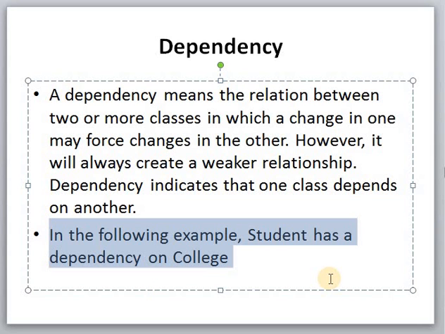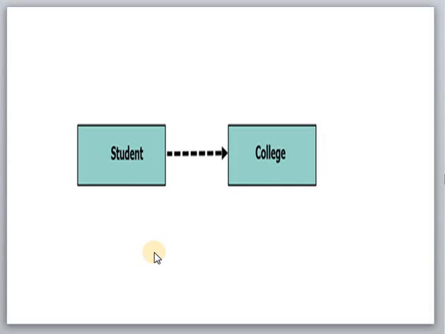In the following example, student has a dependency on the college. We have the two classes, the student and the college class. And the relationship between these two classes is the dependency relationship. So, in order to model the dependency relationship, we will use this particular dependency symbol.